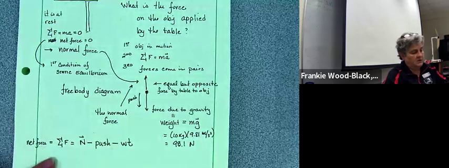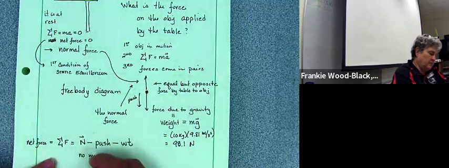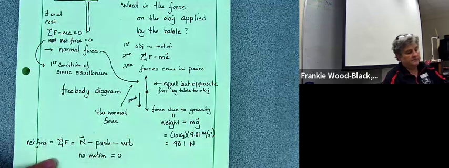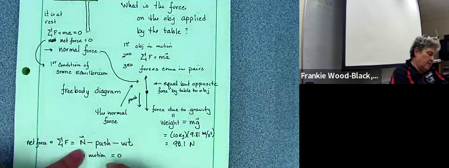But guess what happens? This isn't moving. So if I have no motion, that has to equal 0. So basically what that's saying is that my normal force now is equal to the push plus the weight.